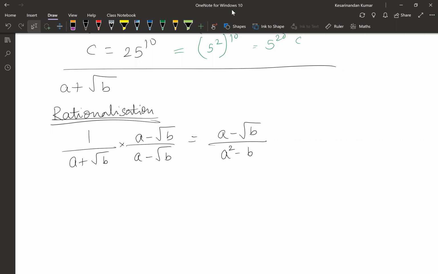Is it clear, everyone? The process of rationalization. What you can also have is, instead of just 1 by a plus root b, you can also have root a plus root b. That is also a possibility. Everybody clear with this part?